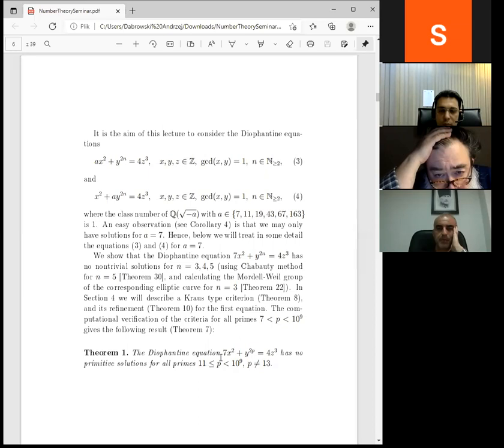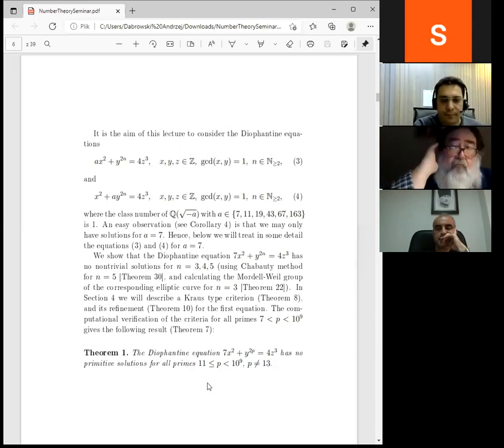In particular, we will formulate a Kraus-type criterion and use Magma to prove the following theorem: for the Diophantine equation 3, with A equal to 7, we have the following result, the non-existence of non-trivial solutions. Of course, p equal to 7 is excluded, and also p equal to 13 is excluded.